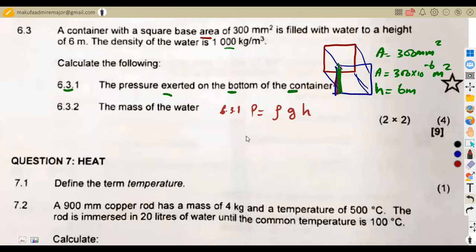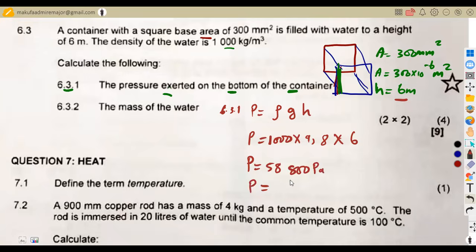That is rho g h, where the density of water is 1000 kg per cubic meter, the gravitational acceleration is 9.8, and the height is 6. This gives us a pressure of 58,800 Pascal. If you want to convert to kilopascals, you divide by 1,000, which gives 58.8 kilopascals, or you just multiply by 10 to the exponent of -3.